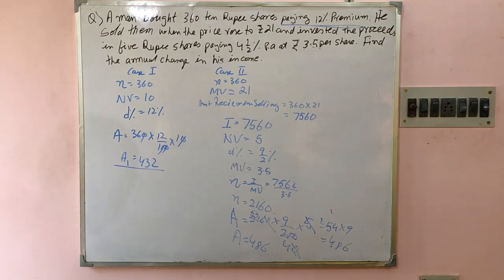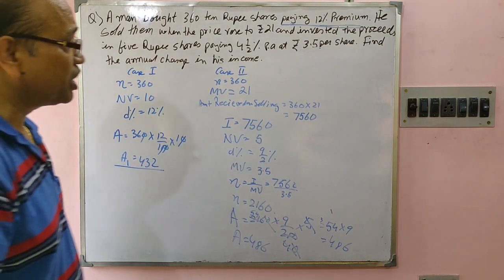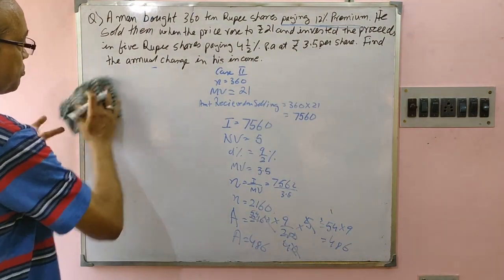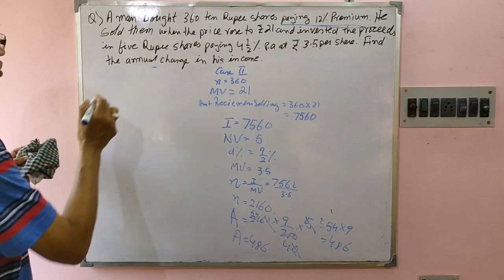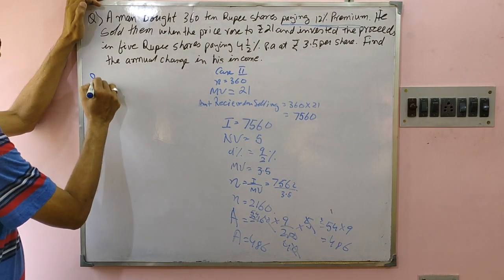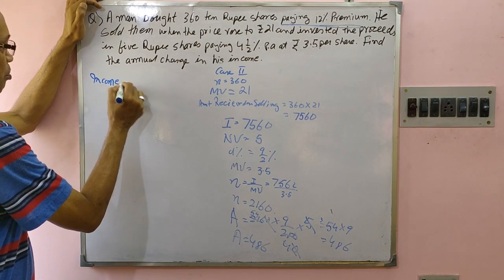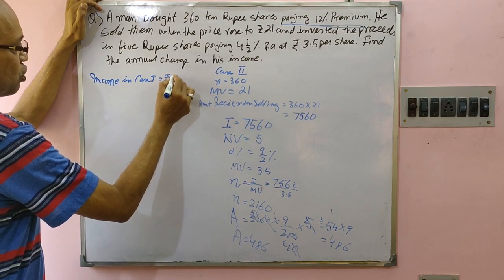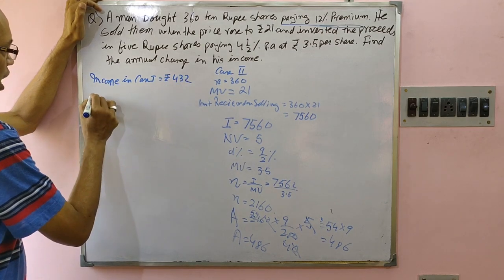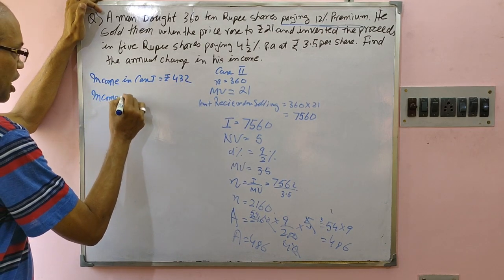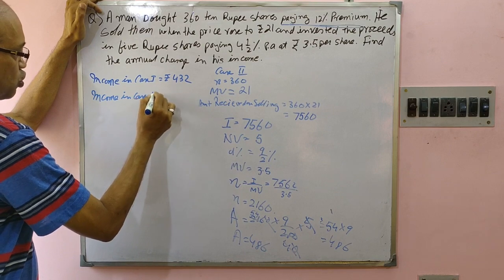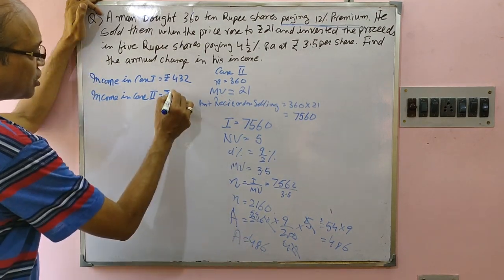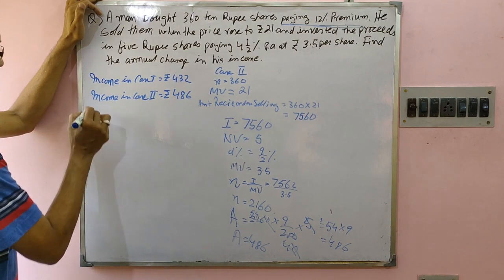Now we have to find the change in income. Income in case 1 was rupees 432 and income in case 2 is rupees 486.